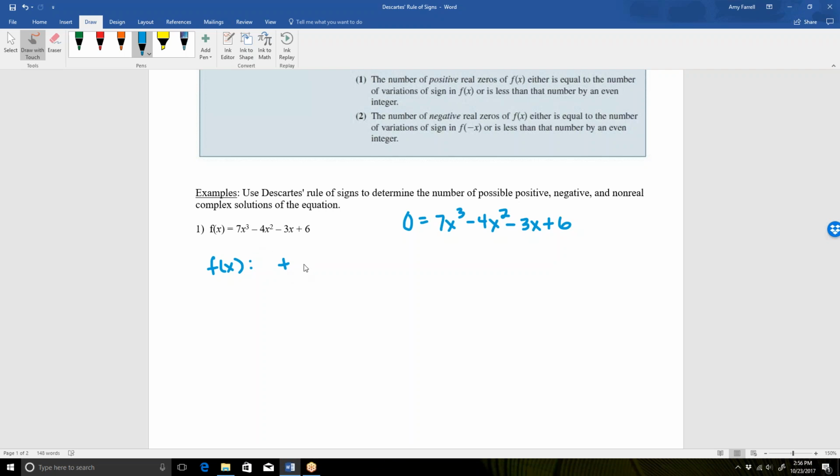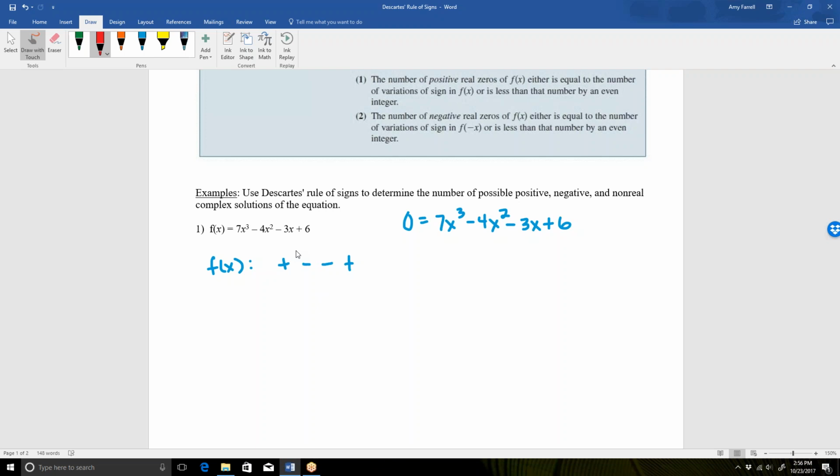Our second term is a negative 4x squared, followed by a negative 3x, followed by a positive 6. Now we need to figure out the number of variations of sign in this equation here, and I've used plus signs and minus signs to help us do that.